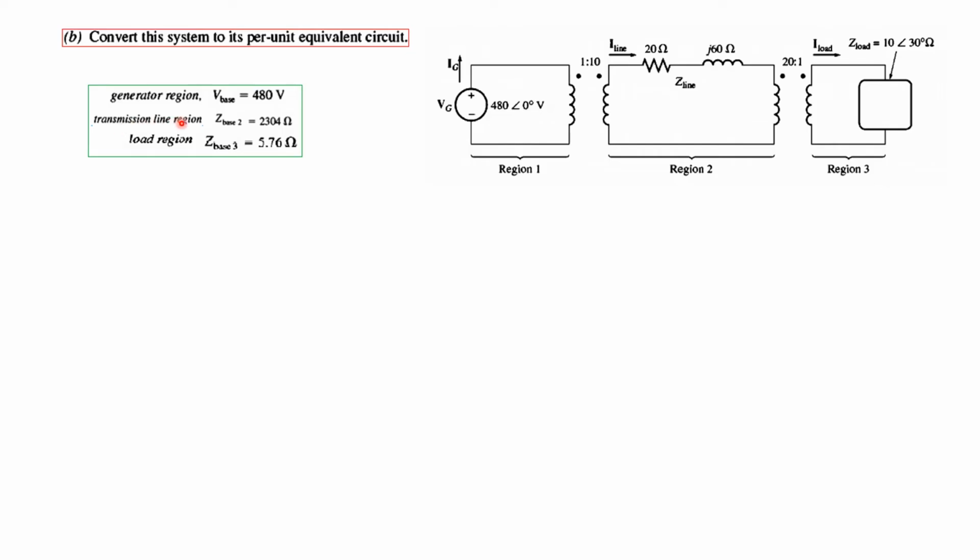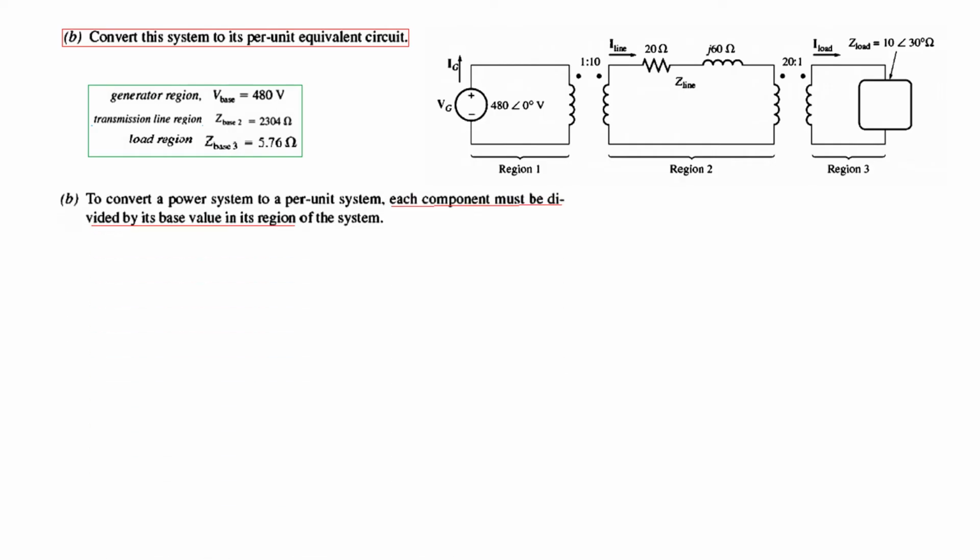Then in the transmission line region, Z base we had found to be this value, and in the load region we have found Z base to be 5.76 ohms. Okay. So to convert a power system to a per unit system, each component must be divided by its base value in its region, that we have understood.